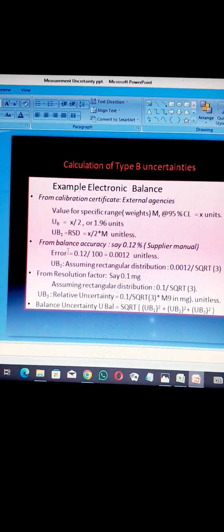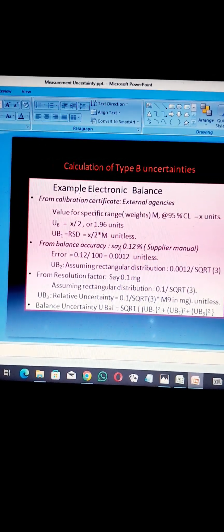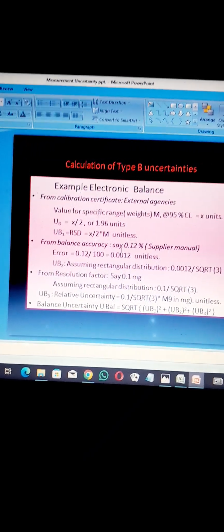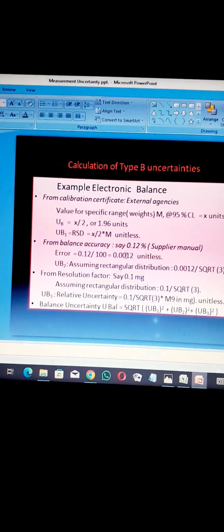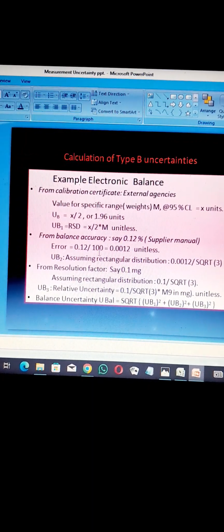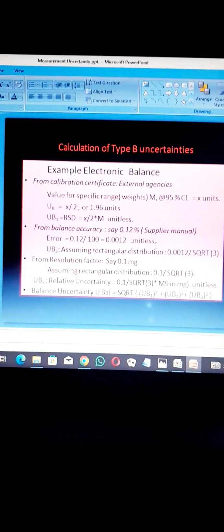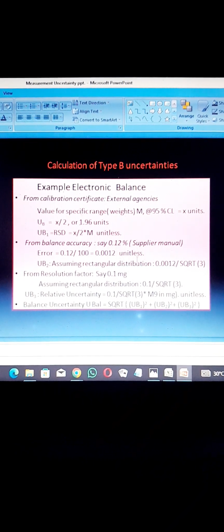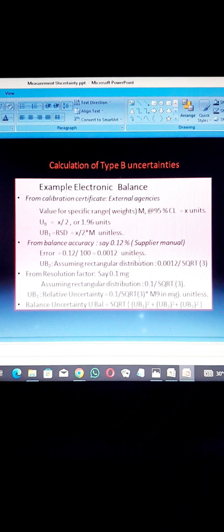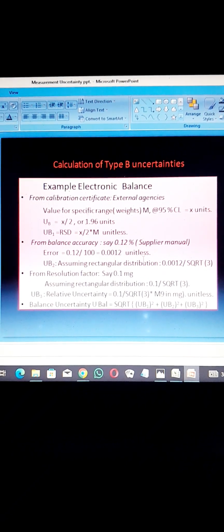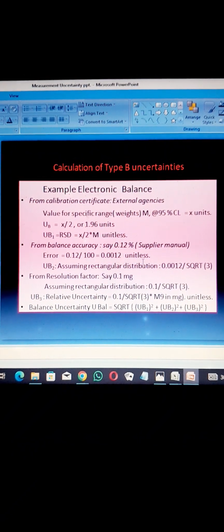From the balance, we take the value we observe and the value we get from our certificate, which is 8.1.2% from the supplier manual, and the errors we have to find out. Assuming rectangular distribution and putting in the formula, we have to find out its expanded uncertainty, standard uncertainty and relative uncertainty by putting in all the formulas.